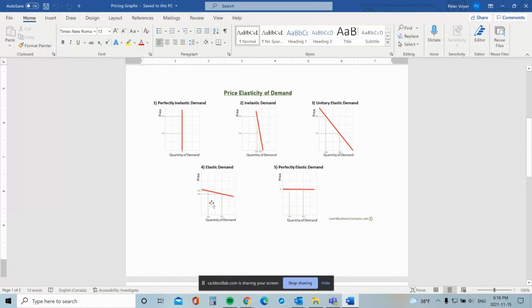So what would be an example of something like that? Little change in price results in a big change in quantity demanded. How about something like our colas? If Coke flips their price a few cents higher or lower for a bottle of Coke, what's going to happen? Generally speaking, consumers who are drinking Coke are going to flip out of Coke if they pop the price up, and they'll flip over into some other cheaper option.